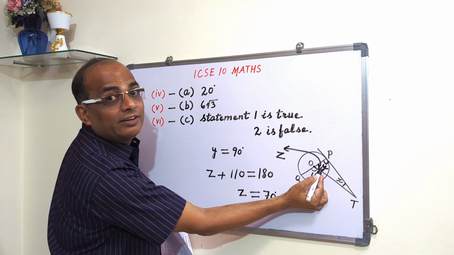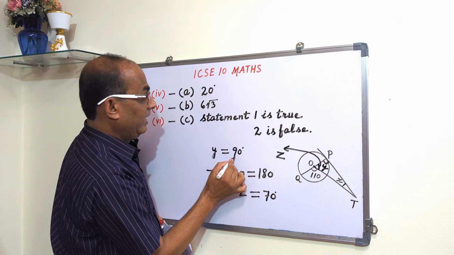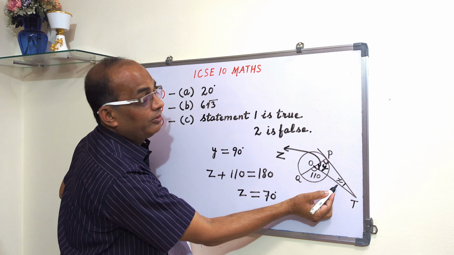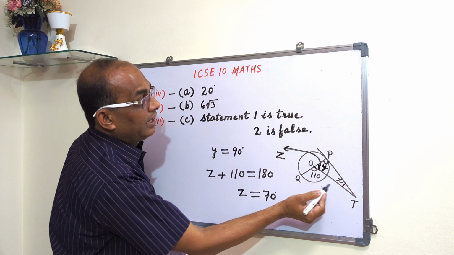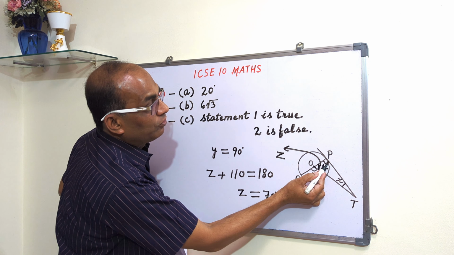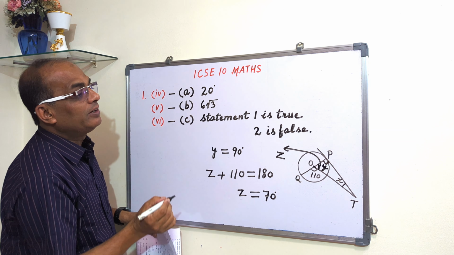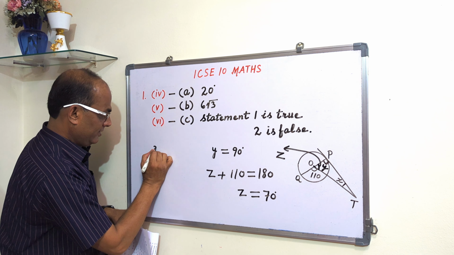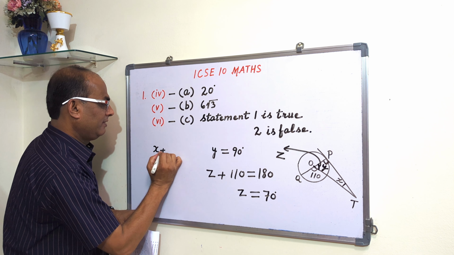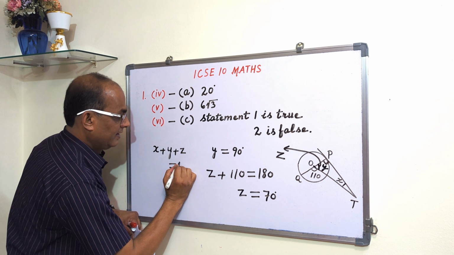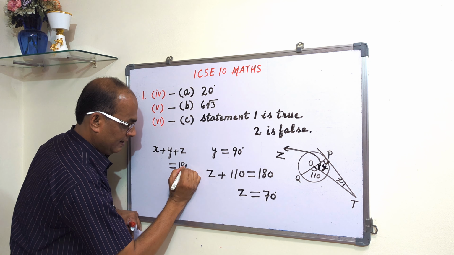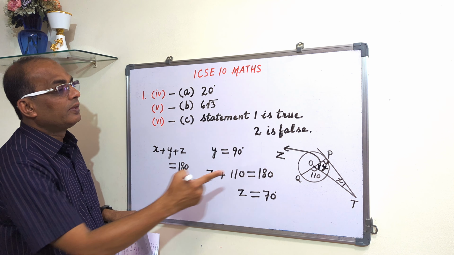So this angle we got 70, this angle we have written 90 degree, and X we have to find out. So in this triangle OPT, X plus Y plus Z is equal to 180 degree. Fine.